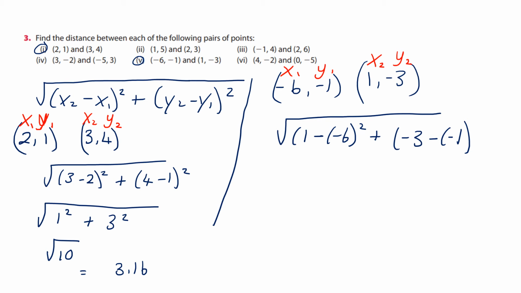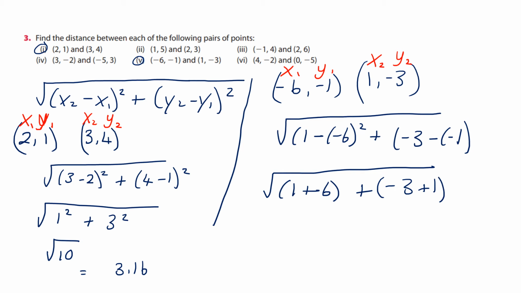So I just wanted to do this one because it has lots of negative numbers. So we have our square root there. So we have 1 minus minus 6, which is plus. So it's 1 plus 6 squared, plus minus 3 minus 1 is minus 3 plus 1. Oh sorry, I forgot my squareds there.